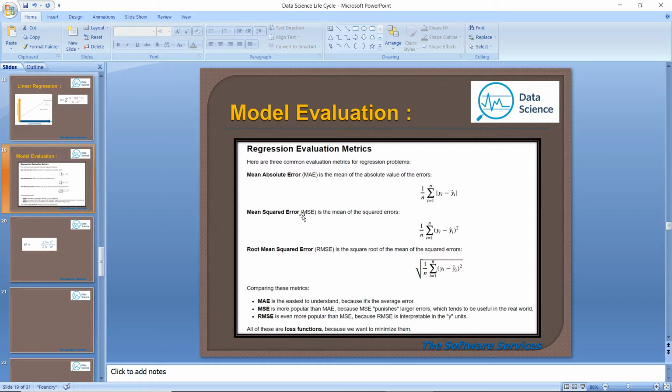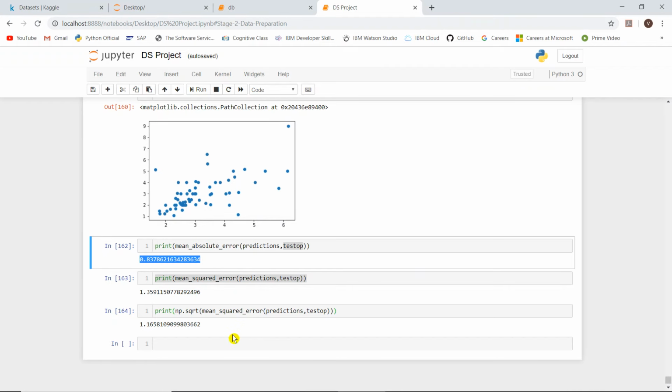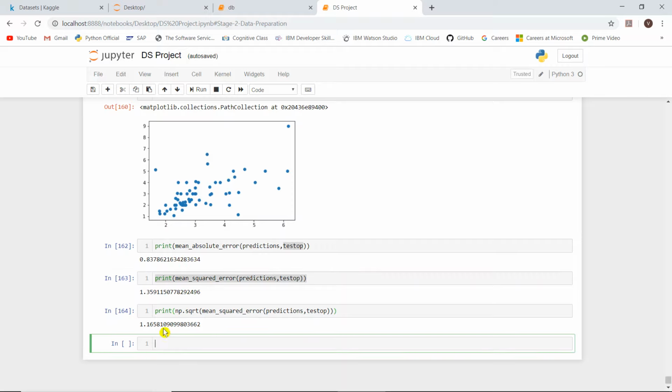Okay, and then mean squared error: the actual minus the predicted, squared, multiplied by 1 by n. Okay, and the root mean square also is like that. So that's how it goes and performs all these things, right? So these are called the loss functions, and the error should be minimum, friends.